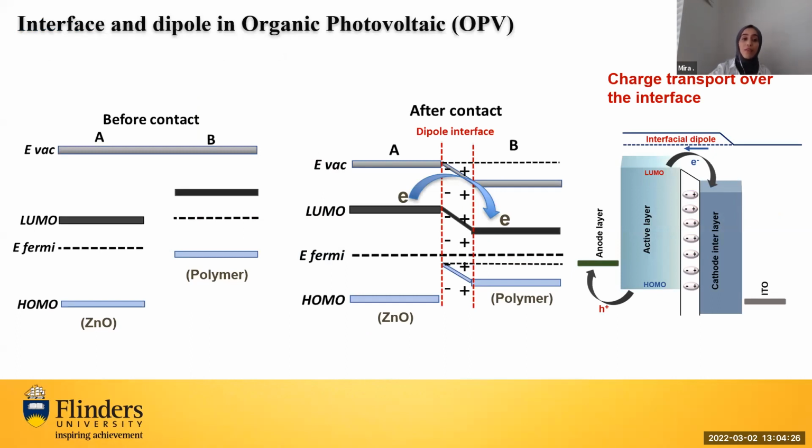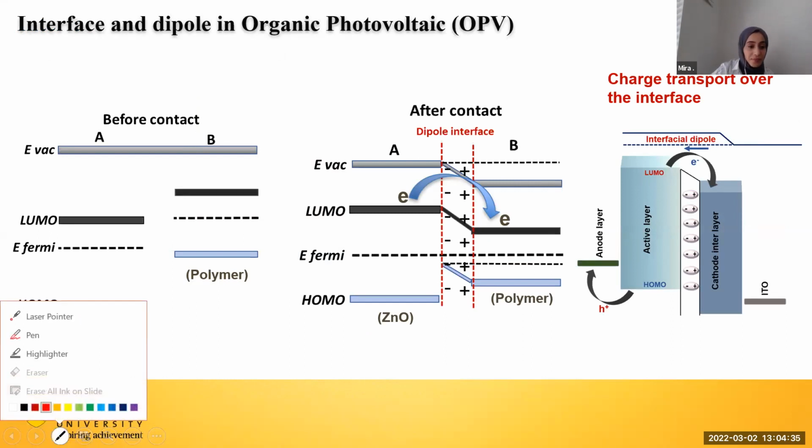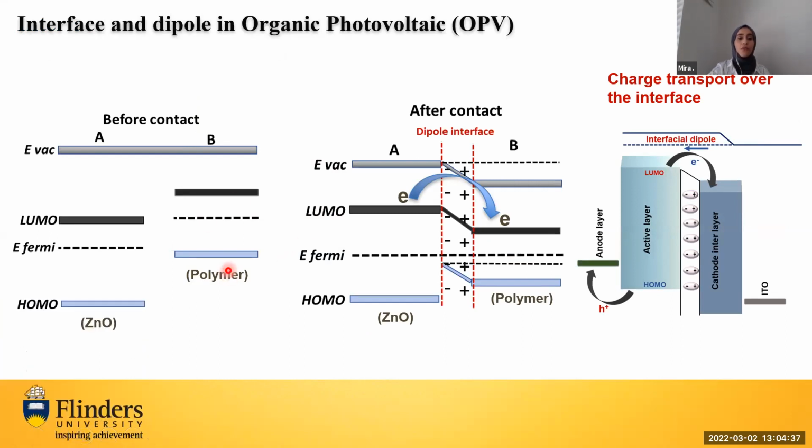For example, if we have layer A, which is zinc oxide, and layer B, which is the polymer, and we put those layers on each other, the first thing is that the Fermi levels need to align. Once the Fermi level is aligned, charge will transport between those layers from layer A to layer B, and a dipole will definitely take place at the interface between those two layers.